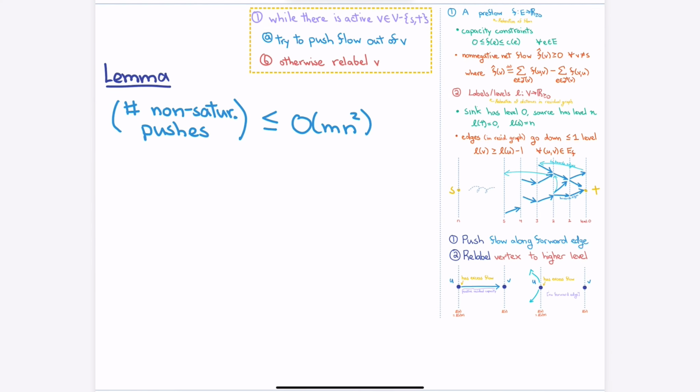Okay. And now the next claim is that the number of non-saturating pushes is at most mn squared. So here, I have some vertex u. It had some flow. And there was some edge with a lot of capacity, v, and I'm only able to send 2 units of flow.